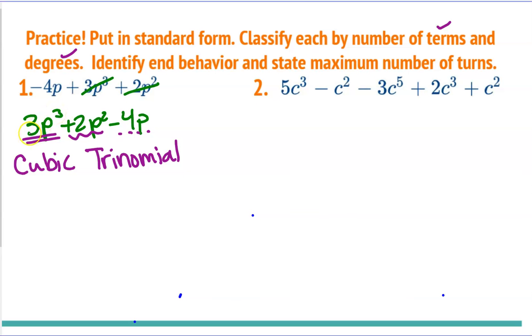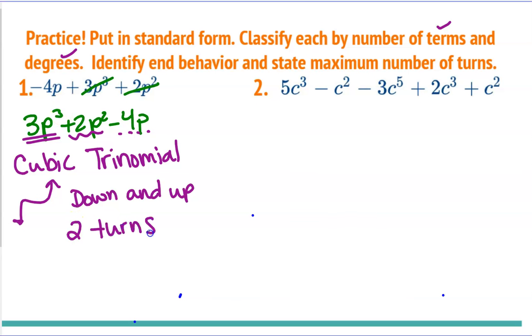And my leading coefficient is a positive 3. So I know it's going to end up in the positive direction. But my degree of 3 means my other side is going to be opposite. So this end behavior is going to be down and then up. Okay. And then how many turns are we going to have? Well, since I had a degree of 3, that means we can have a maximum of 2 turns in our graph.